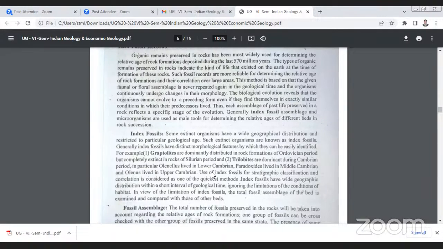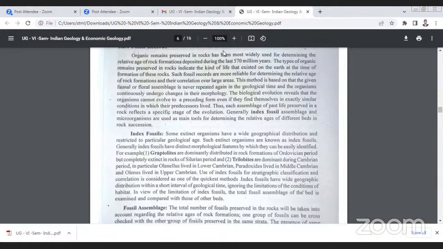So we can say these dinosaurs belong to a particular age of geological time. So these are known as index fossils.